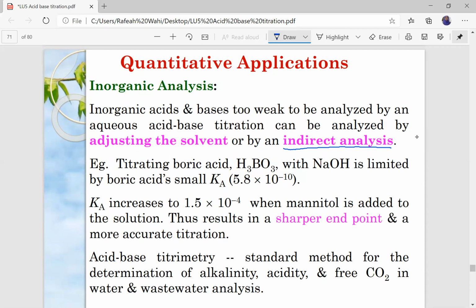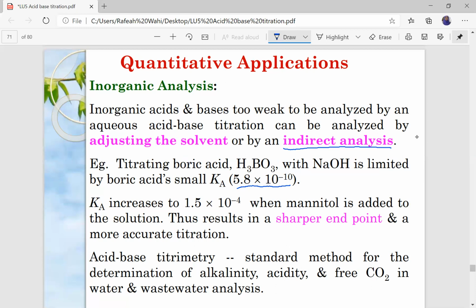Okay. Right, let's say for this example, you are titrating boric acid, H3BO3, with NaOH, whereby this titration is limited by boric acid's small Ka. The Ka is very small, which is 5.8 times 10 to the power of negative 10. You remember what happened if the acid has a very small Ka? We cannot visualize the equivalence point from the titration curve because it has no inflection point.